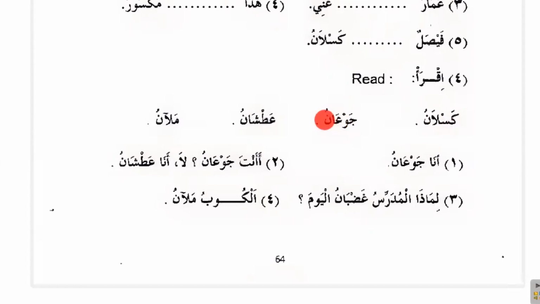Someone who needs food. You are hungry. Okay. Atoshanu means tasty. You are tasty. I am tasty. So you can say, ana atoshanu, I am tasty. Ana jaw'anu, I am hungry.